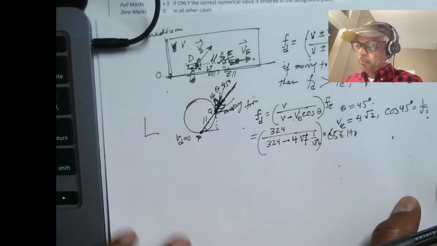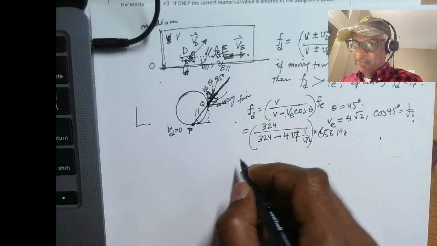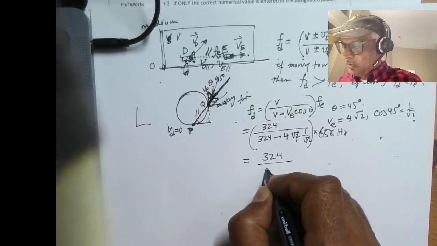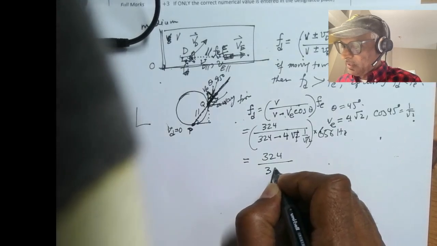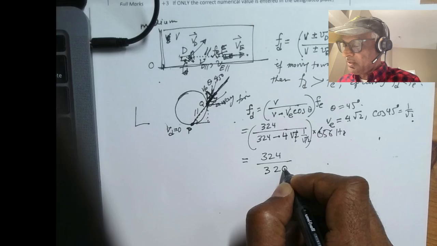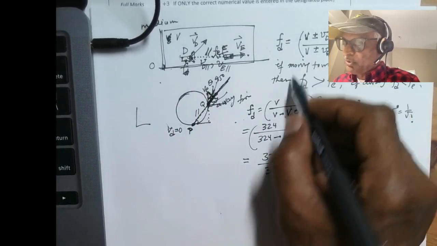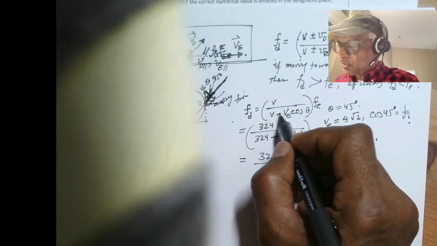Okay, so this algebra is probably not that hard. So this is 320, and the frequency will have to go down because of the way, so this should be plus.